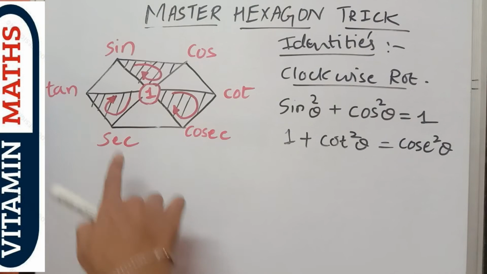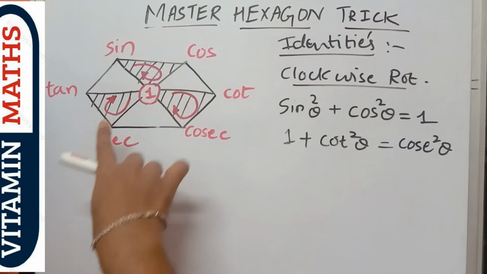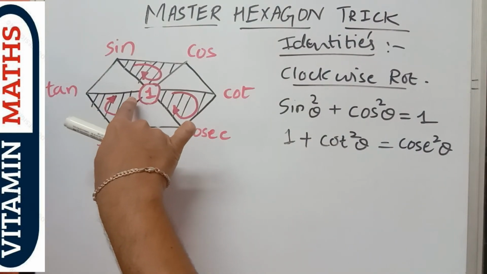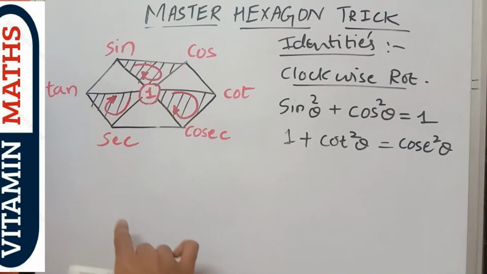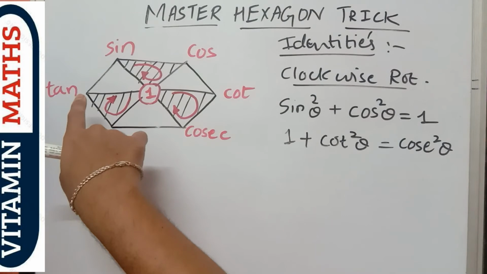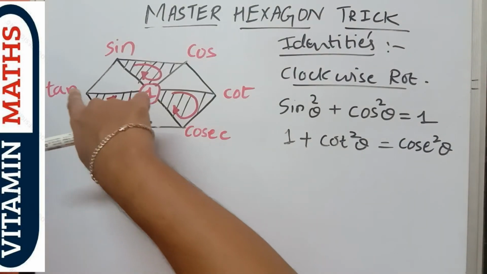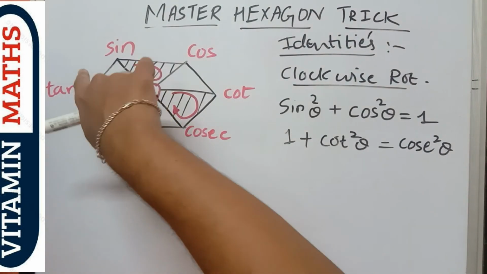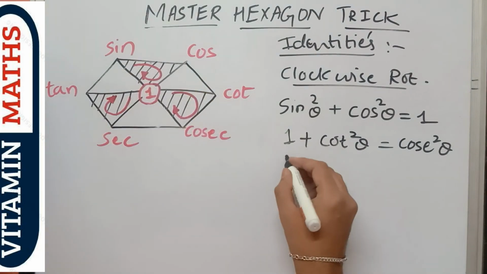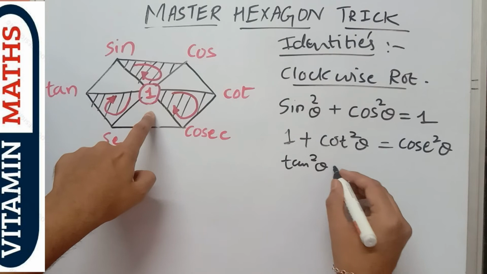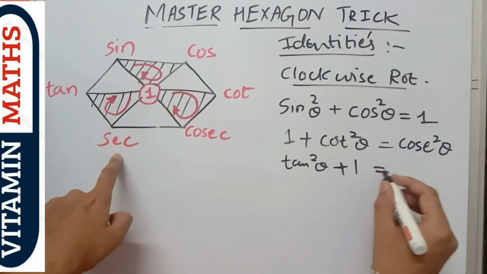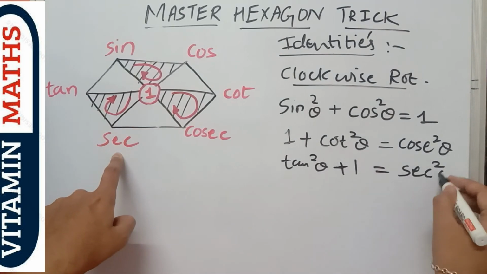Next come to this one. Okay, so where it is starting from 1, it is starting from 1. So what you can do here is start from here, that is from here tan plus 1. So tan square theta plus 1 is equal to sec square theta.